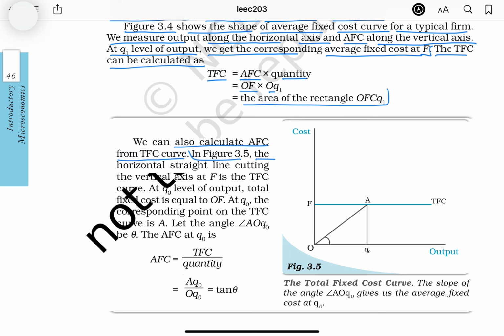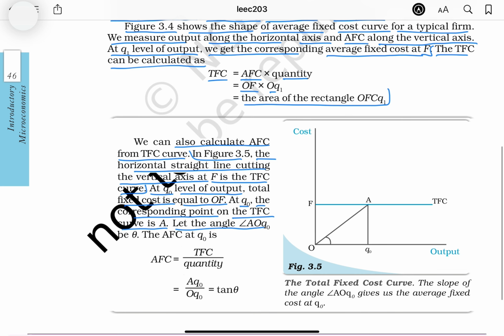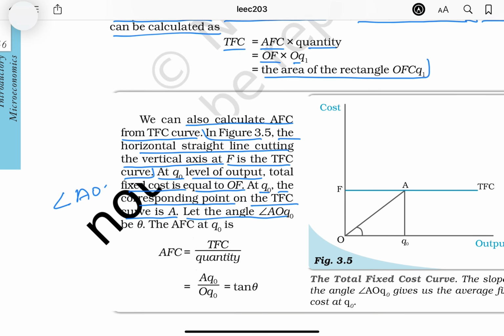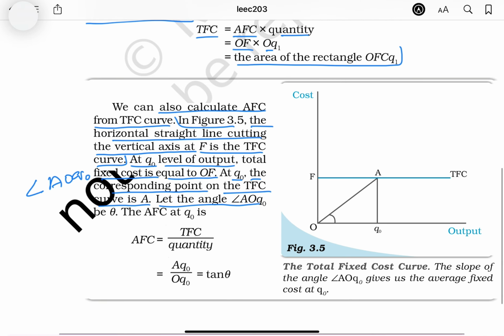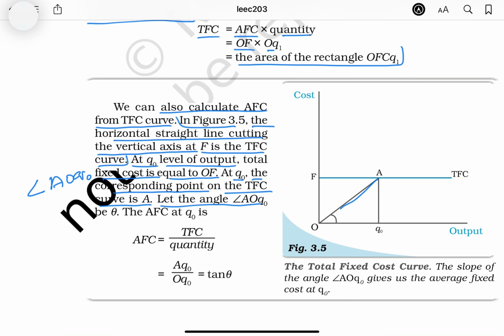In figure 3.5, the horizontal straight line cutting the vertical axis at F is the TFC curve. At Q0 level of output, total fixed cost is equal to OF. The corresponding point on the TFC curve is A. Let the angle AOQ0 be theta. ठीक है.